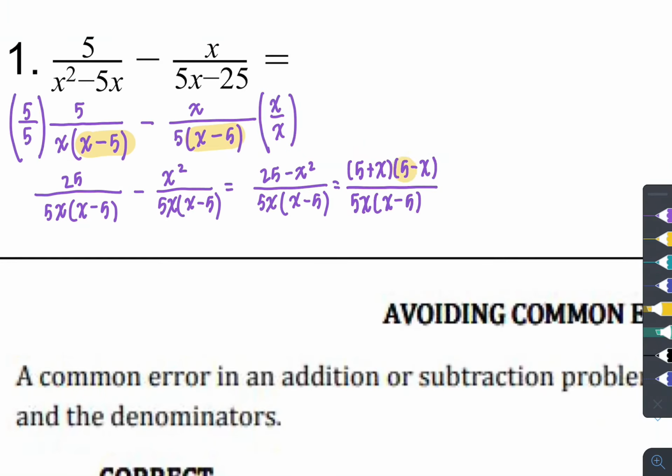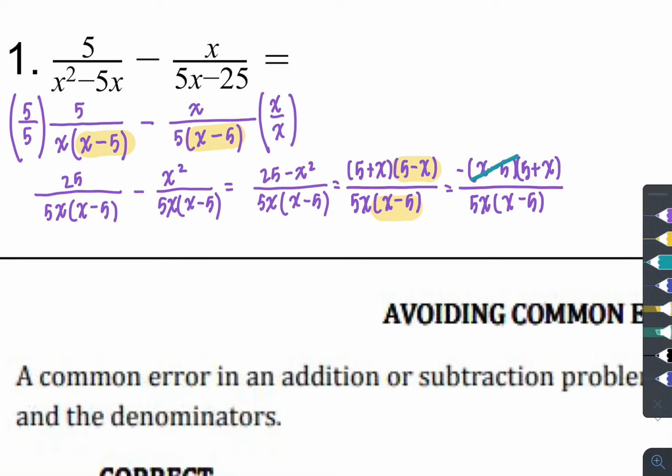We are really close here, so that I can cancel them. If you think back to the last notes, if I factor out a negative from either one, it flips the thing. So this is going to be negative. If we pull out that negative, this becomes x minus 5. And then 5 plus x stays the same. And then the denominator we're going to keep the same, not factor anything out, because then it flips the other way.